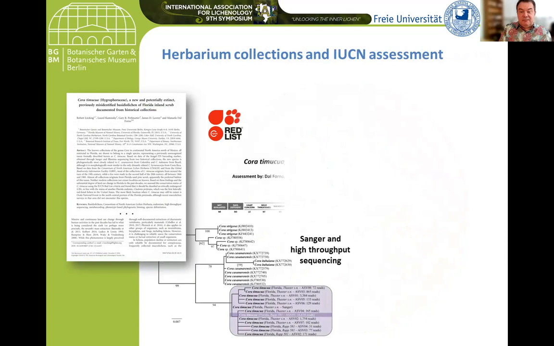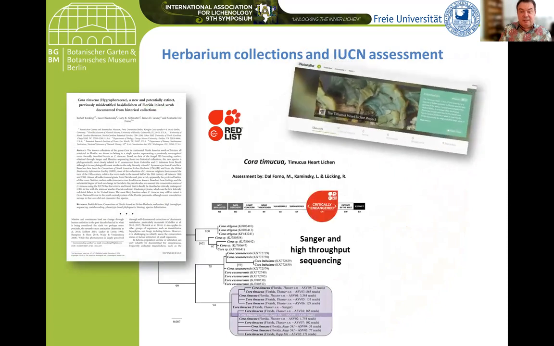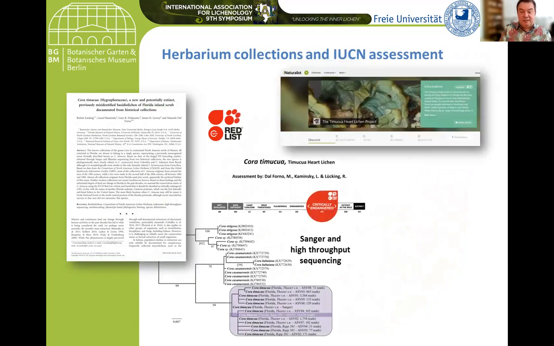Now, another important approach with integrative taxonomy is focusing on herbarium collections, historic collections, and also IUCN assessment. This is an example where we did both. This is a species of Cora from Florida, and there are only historical collections, most of them going back about 100 years or more, and some up to the 80s, and it has not been collected since then.